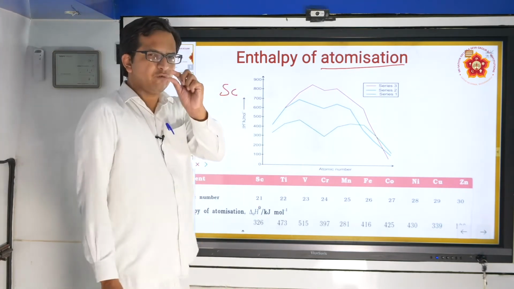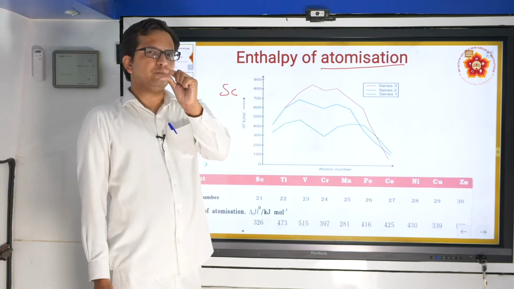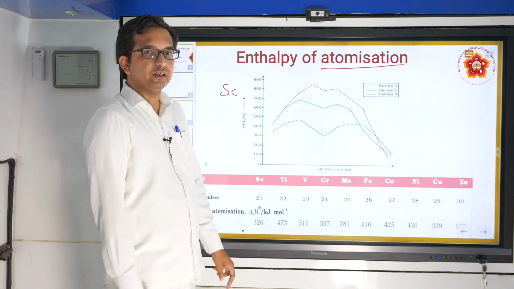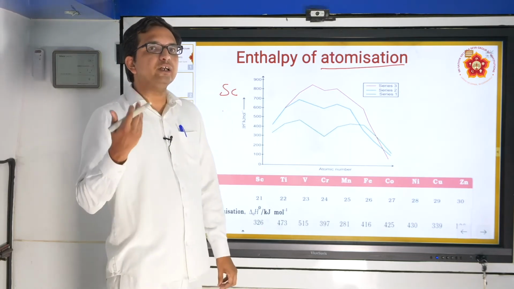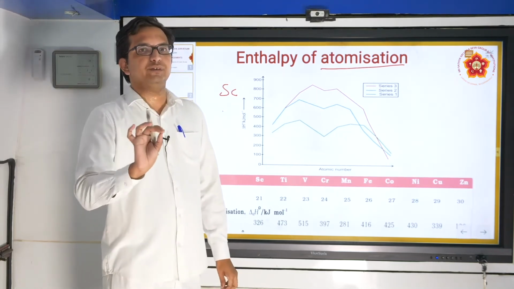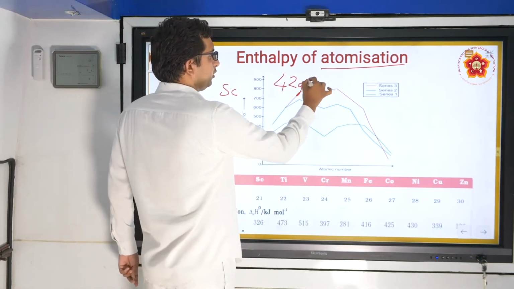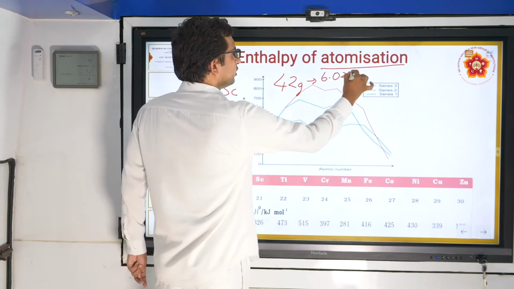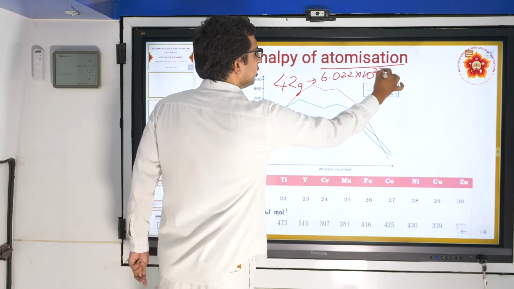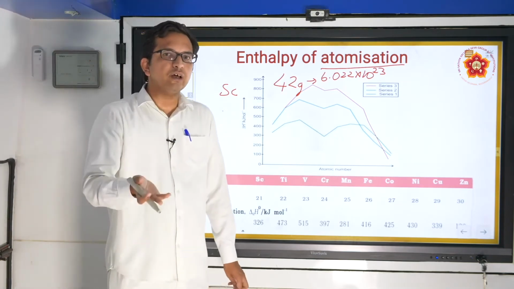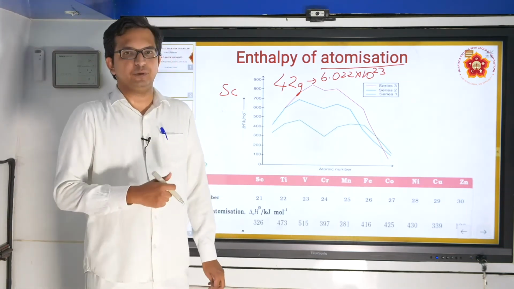Does that mean that I have one single atom of scandium with me? Remember that this scandium will have an equivalent molecular mass present with it. Suppose the weight of scandium is around 42 gram, it means that in 42 grams I have around 6.022 into 10 raised to 23 atoms, which is equivalent to the Avogadro number.